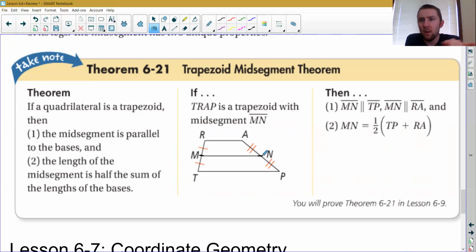And we knew that that mid-segment across the middle of the trapezoid was parallel to both the top and the bottom base, and that it was half as much as the two bases added together, right? Half as much. Or the other way that we looked at that was if we double the middle segment, times it by 2, that has to equal the top and the bottom base added together, okay? So remind yourself about that. You should be able to find some practice problems from section 6-6 about trapezoid midsegments.